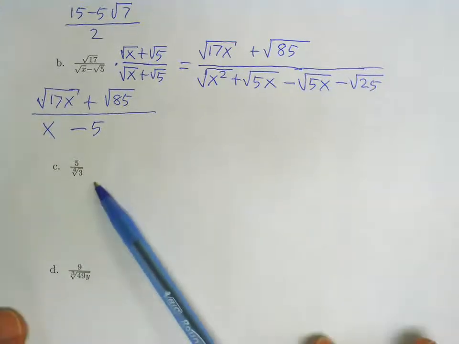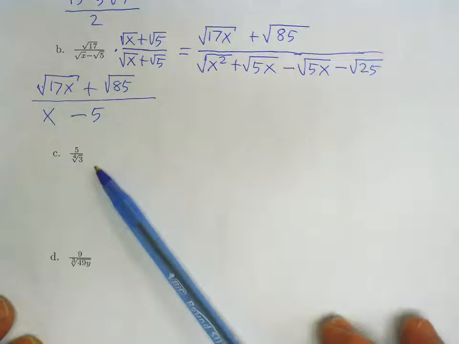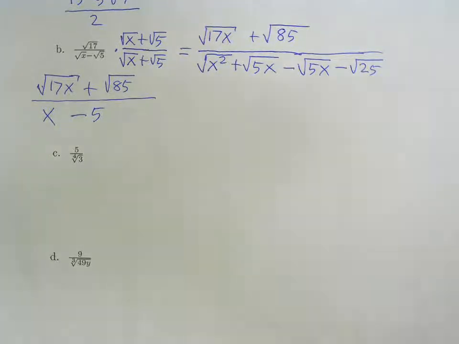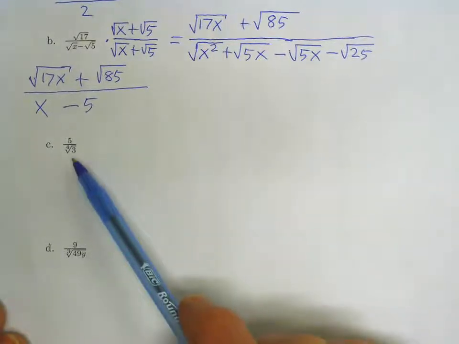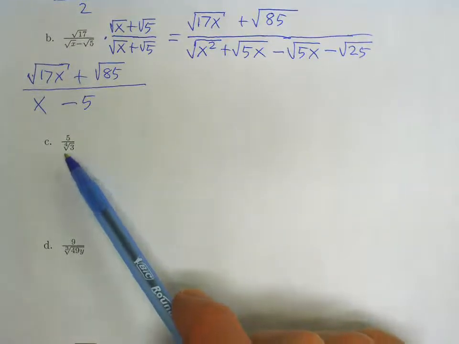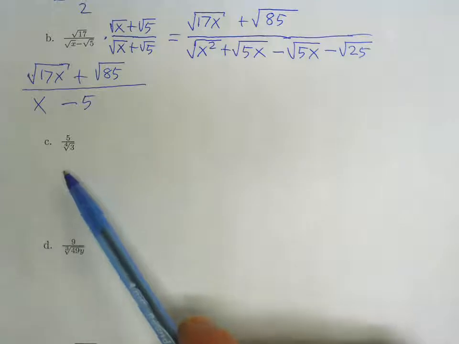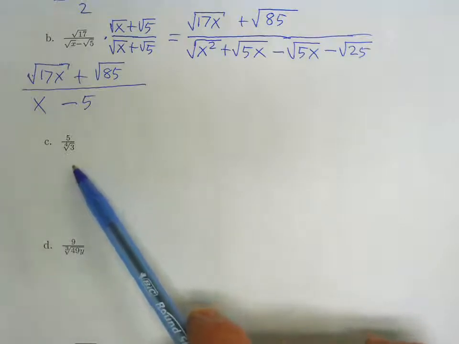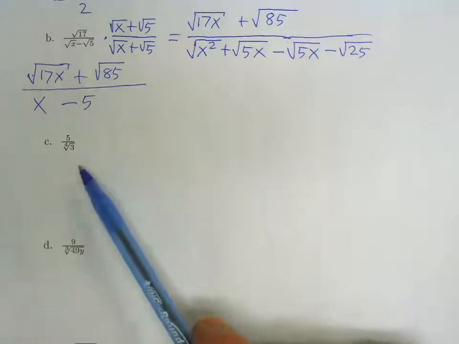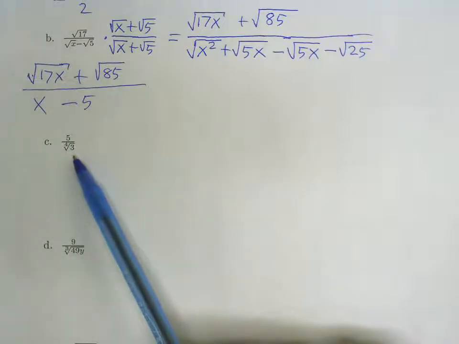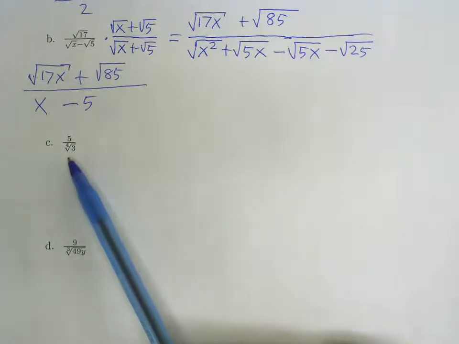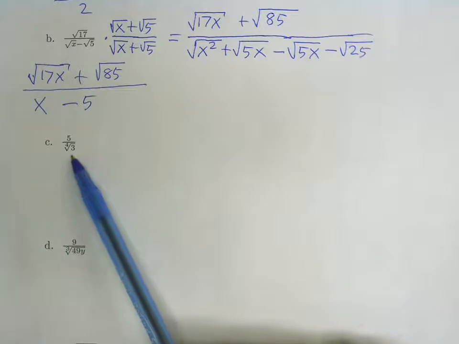Okay, the next one, 5 divided by the fourth root of 3. Well, the denominator has a radical in it. It's a fourth root of 3. So what form should one take this time? Okay, so the radicand is 3. Think of that as 3 to the first.